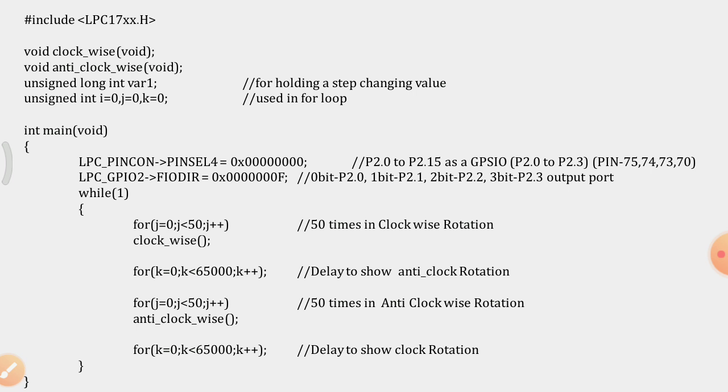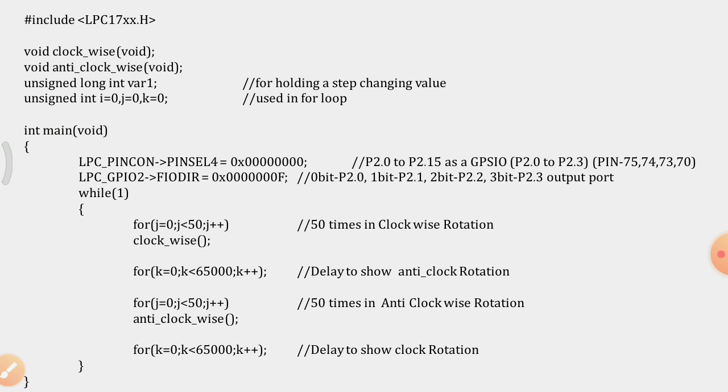So the first line of this main program is LPC_PINCON, that is the pin configuration, where we are using the PINSEL4 register. That is, we are enabling all the P2.0 to P2.15 ports as GPIO functions.